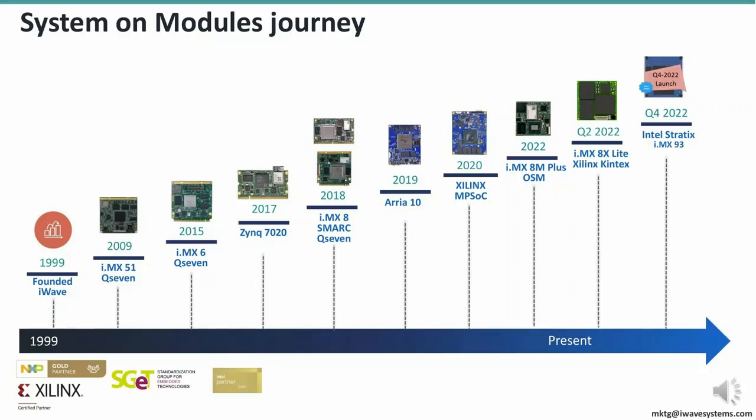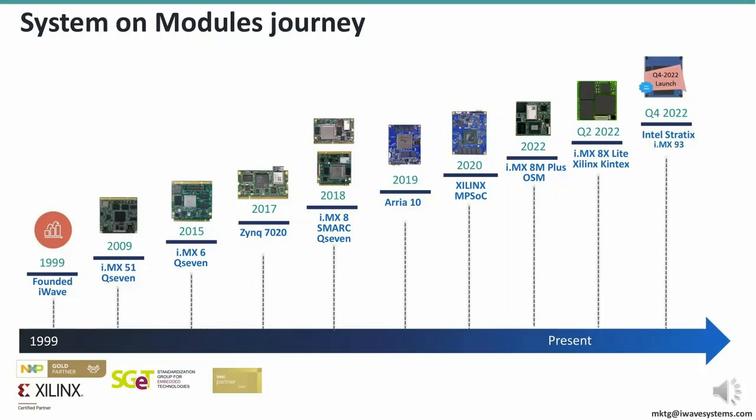For example, the i.MX 51 base Q7, slowly transitioning to the i.MX 6 base Q7, and then having the Zynq 7020. And over the years, innovating as the silicon keeps upgrading as well. So as of 2022, we have recently launched the i.MX 8M Plus OSM with the roadmap of the i.MX 8X Lite and i.MX 93 down the year.